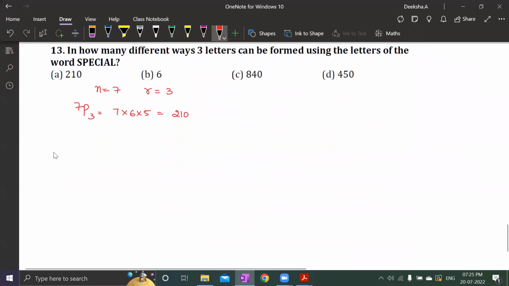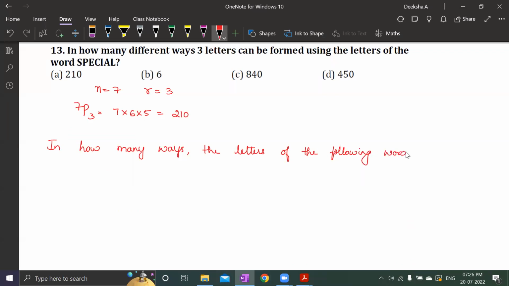Okay, so the next question is, how many different words can be formed if the letters of the following words are rearranged?